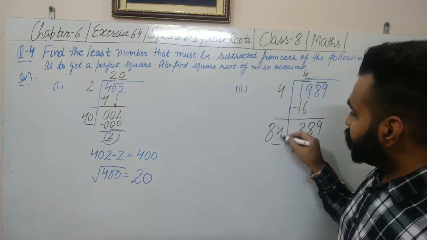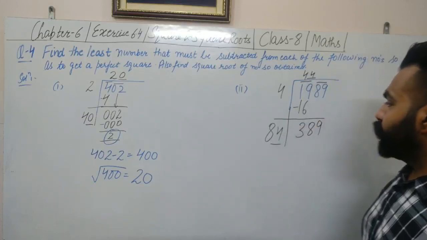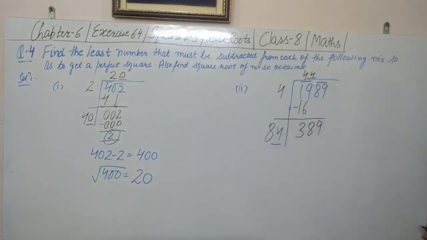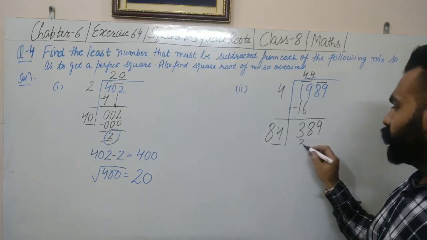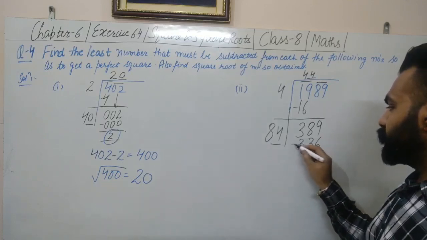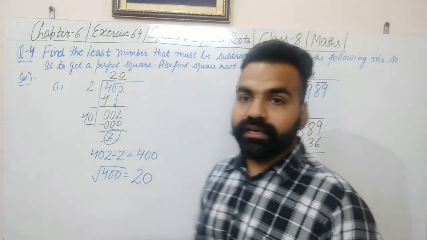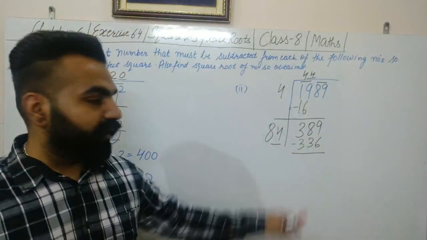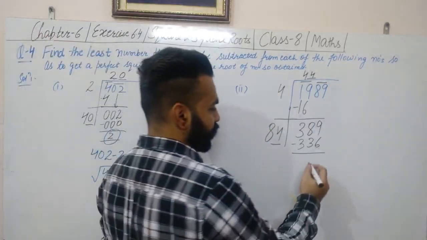So the digit we can take here is 4: 84 into 4. What is 84 into 4? This will be equal to 336. So the remainder will be 53 here.